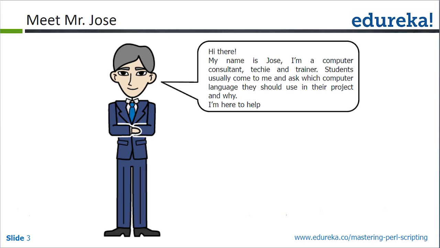Now, another thing is that Perl has regular expressions. Regular expression, which is our main topic for today, is inbuilt in Perl. So how is the inbuilt feature of regular expression going to help us out? Inbuilt regular expression helps us in data filtration, data substitution, as well as data transformation.